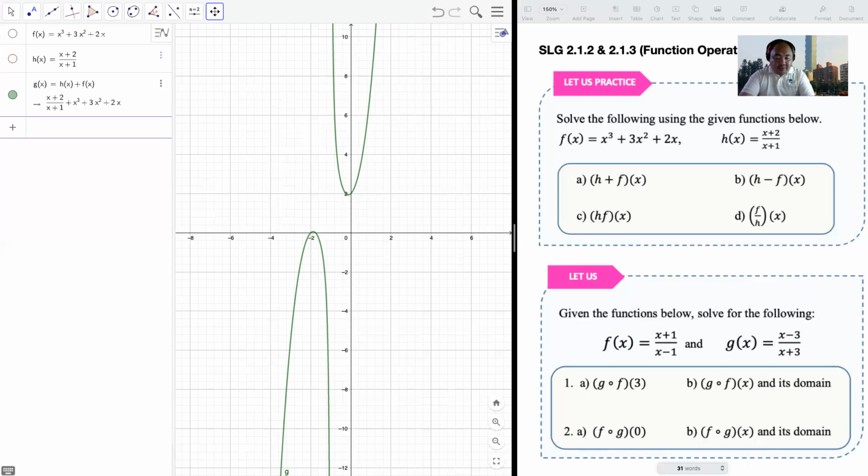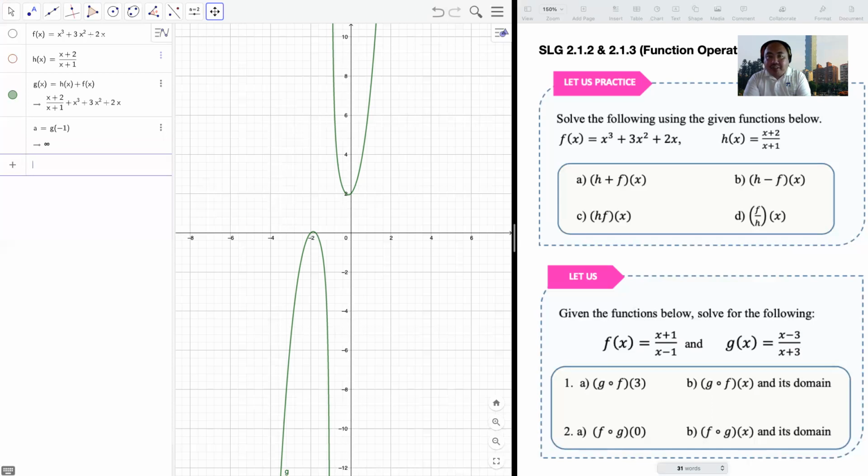You will notice that if we evaluate this at -1, you will see there the symbol infinity. In other words, -1 is not in the domain of h plus f.